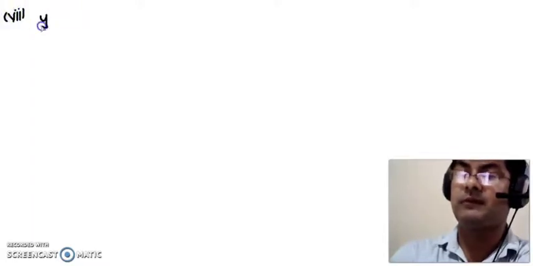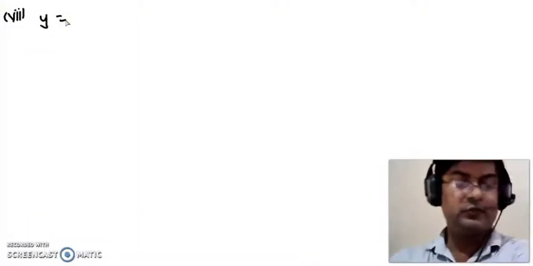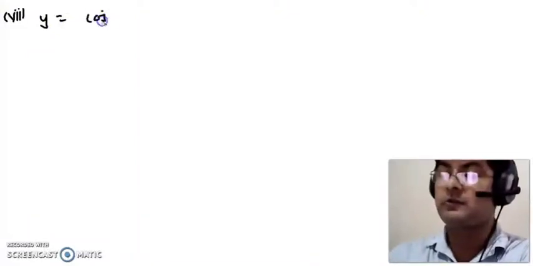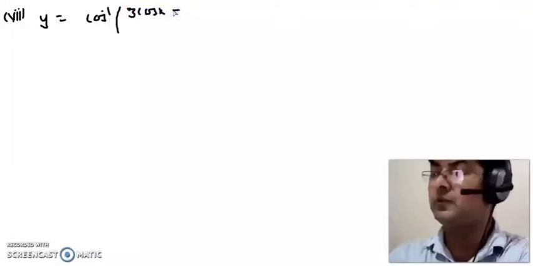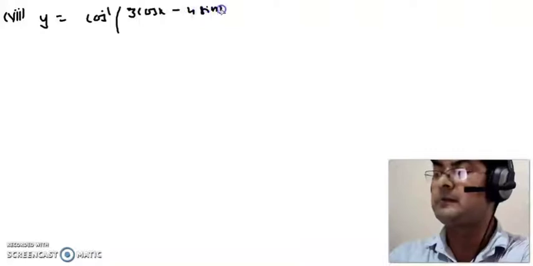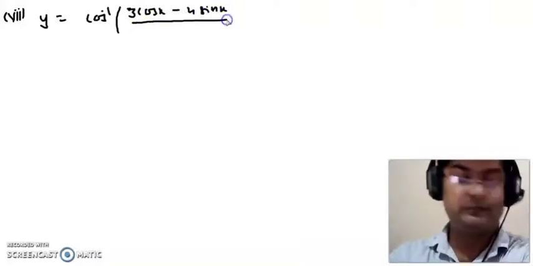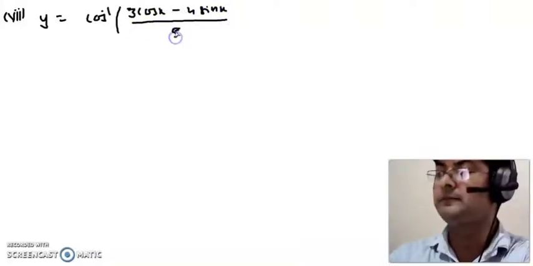Okay, here we are given y is equal to cos inverse of (3 cos x minus 4 sin x) upon 5.